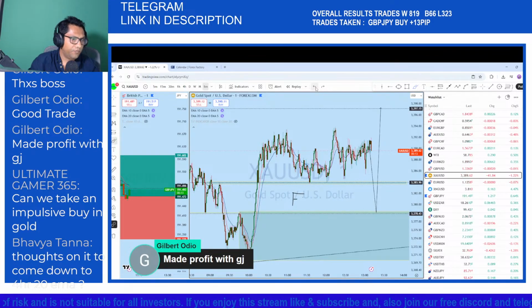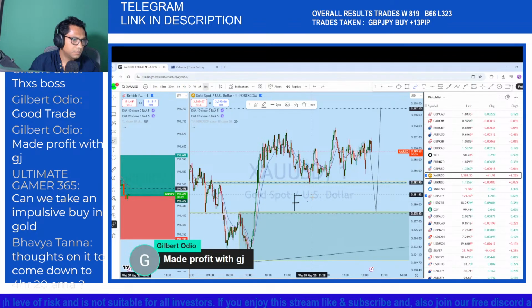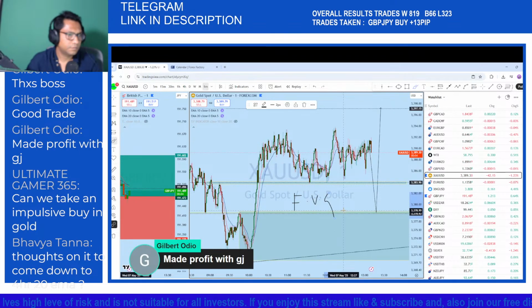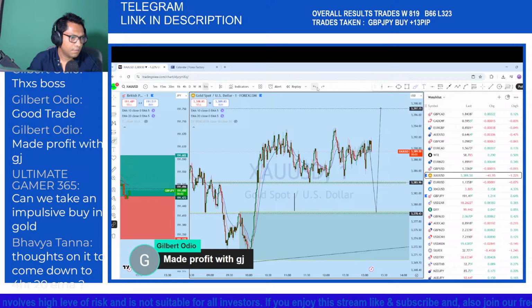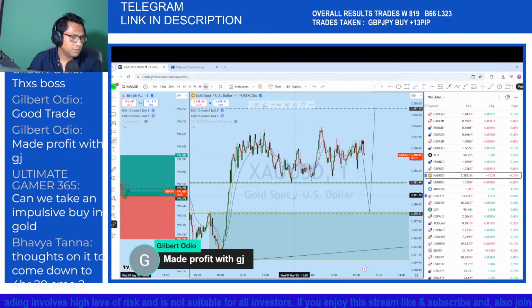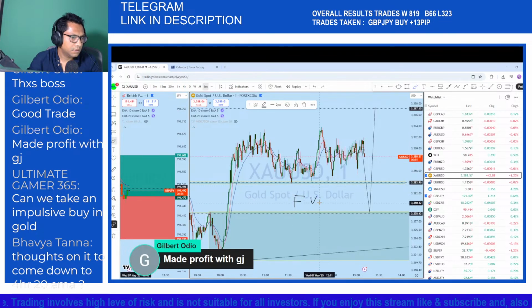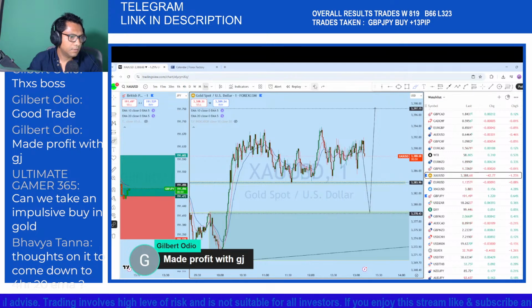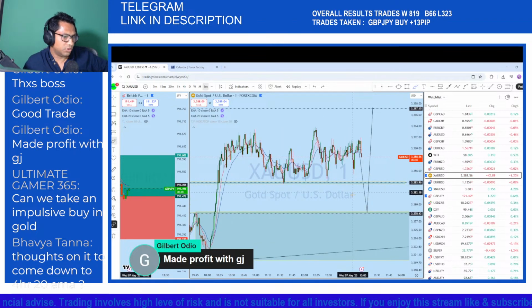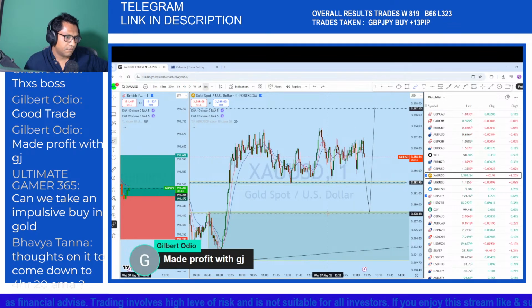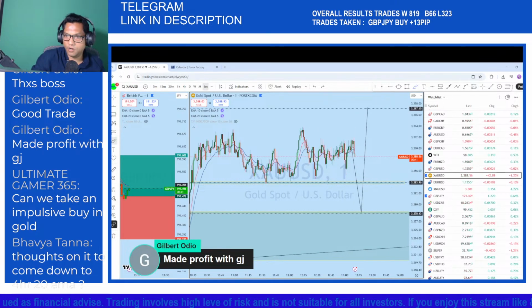So with that FVG, with this FVG, would like to see the market coming to fill that zone and then to revert back again.